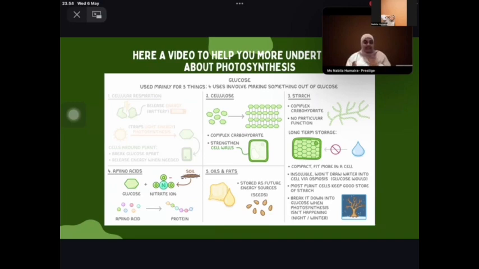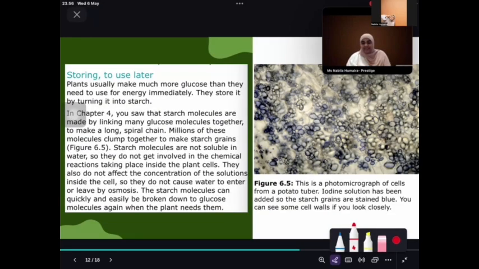First, for cellular respiration, because cellular respiration, like the movement of ions, needs glucose in active transport. So this is a photomicrograph of the cells from a potato tuber. You can see the blue ones are the cells containing starch. So there is the positive result of the iodine.